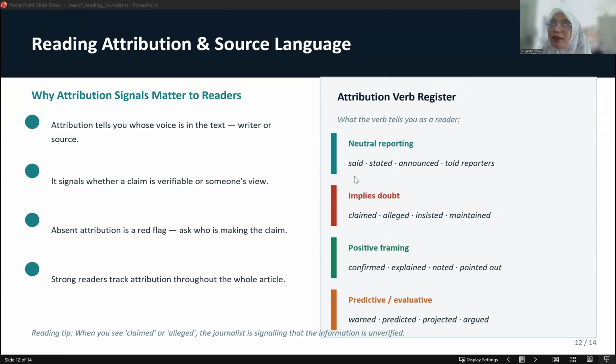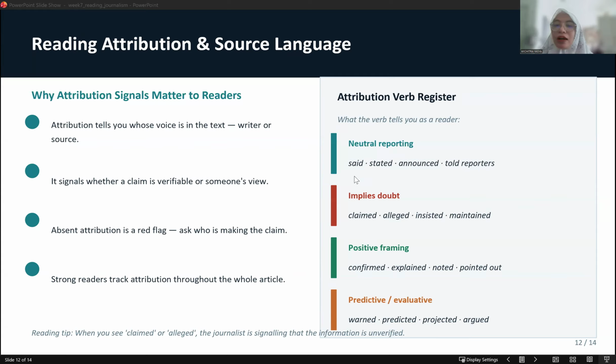But if the sentence is Purbaya insisted Indonesia's economy is growing at a healthy rate, so insisted implies that maybe the journalist doesn't really believe that statement from the minister.